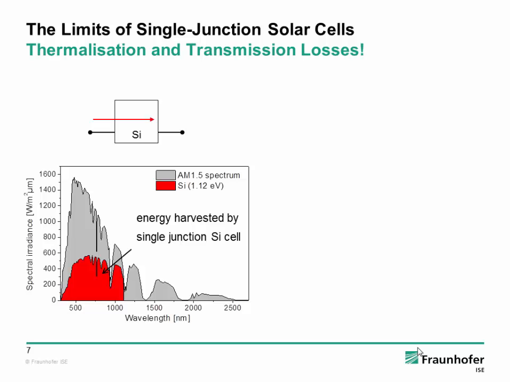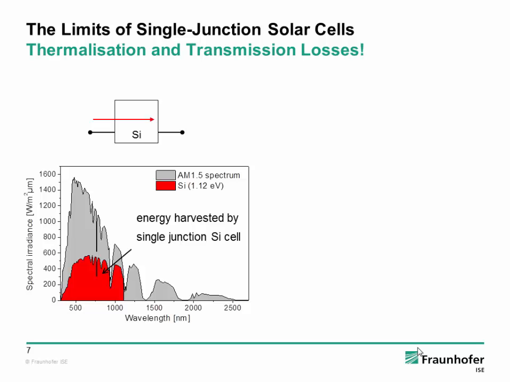So what are the limits if we have only one material? This is sketched in this diagram, where you see in the gray color the spectrum of the sunlight again, and in the red color what is convertible by, in this case, a silicon solar cell.